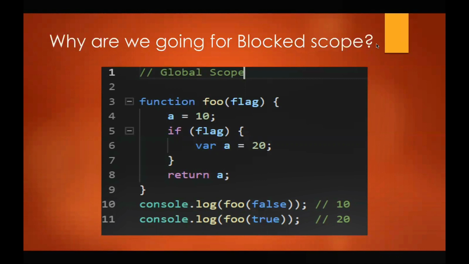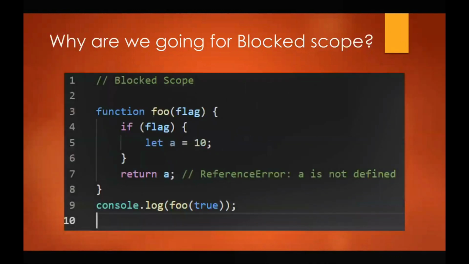So how to overcome these disadvantages? Let's see block scope. Here we are seeing function is foo, flag, and if flag is true, we are assigning a equal to 10 using the let keyword. Now we are returning a outside that block.